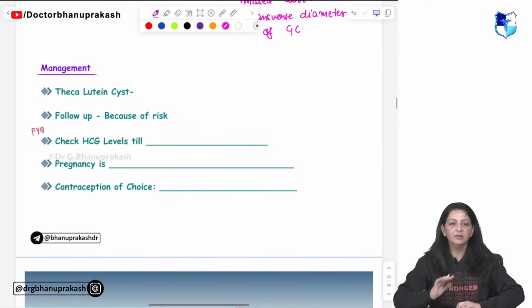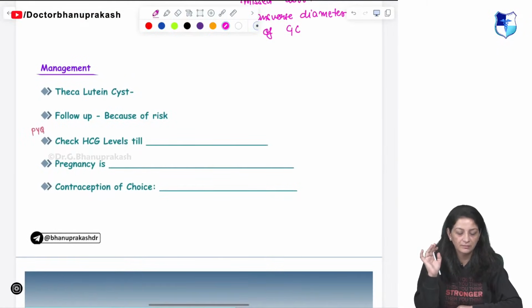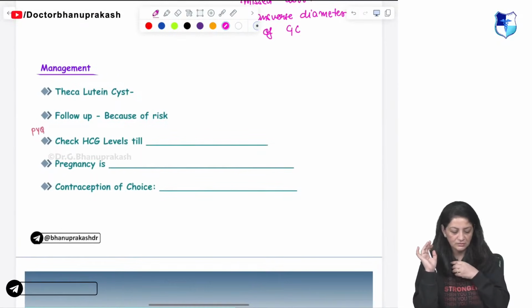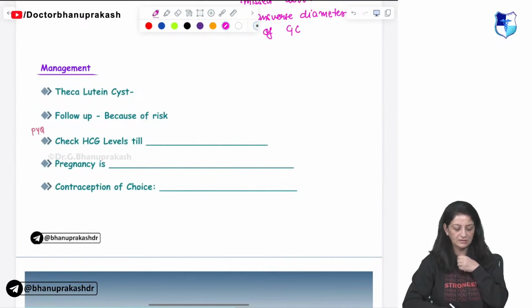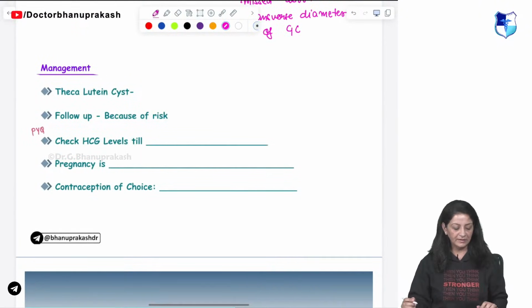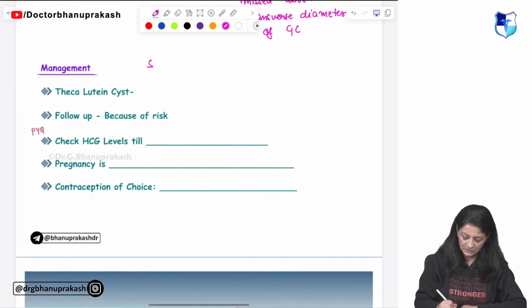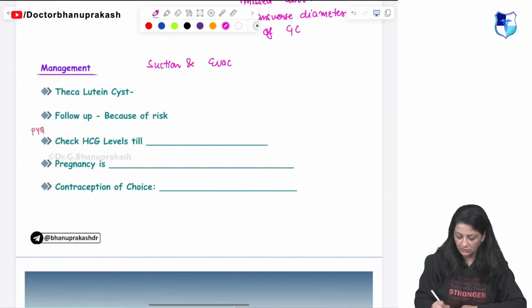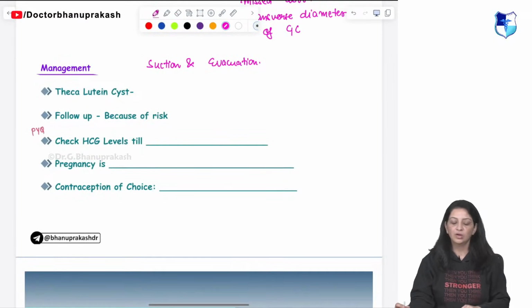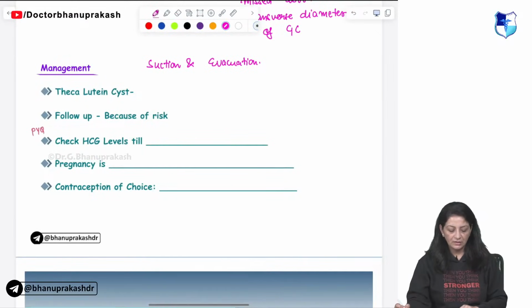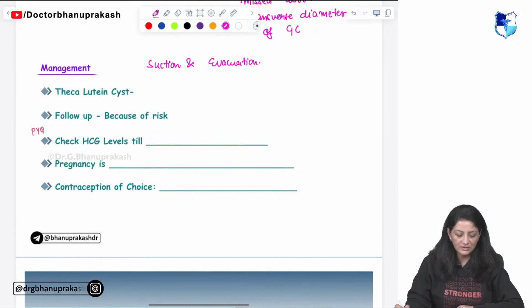So this is the important part, management of molar pregnancy. So what is the management of molar pregnancy? Suction and evacuation. Evacuation is the treatment of molar pregnancy. What in case of theca lutein cyst?